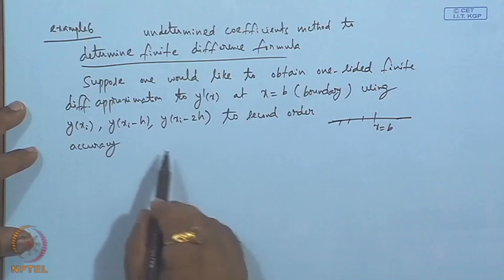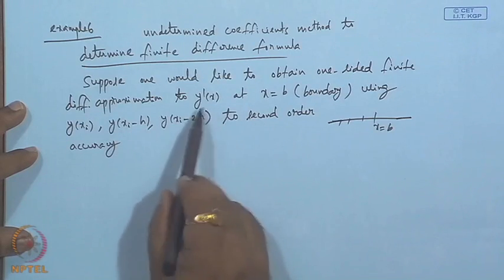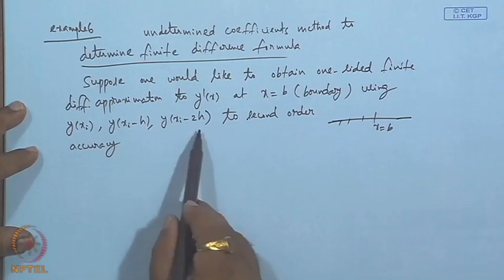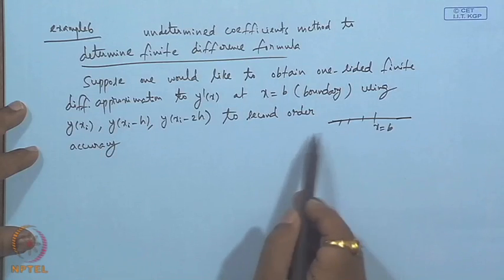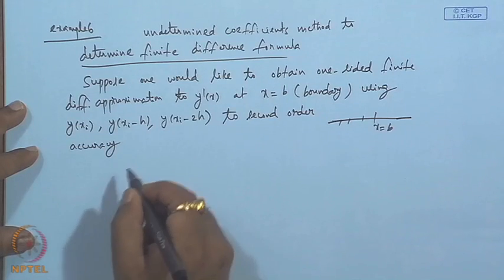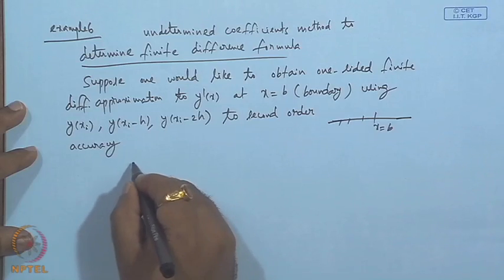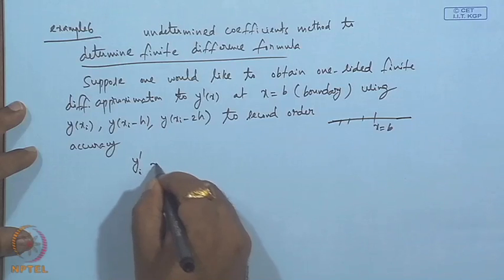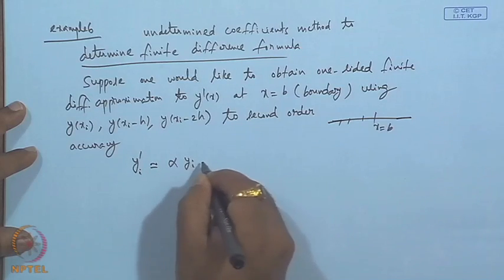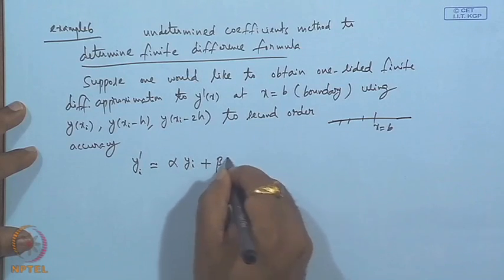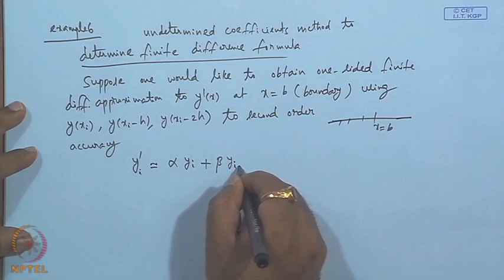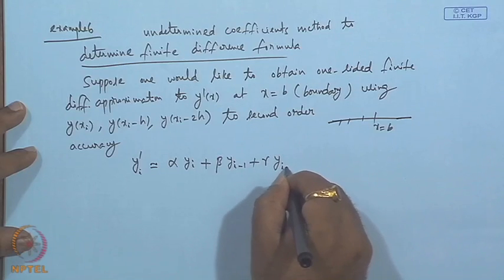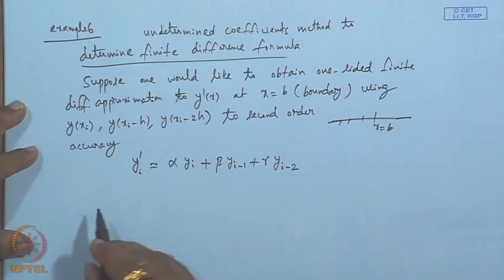Okay. So, what is our aim? To obtain y dash x approximate up to second order in terms of one sided, all terms to the left side. Okay. So, that means y I prime is alpha y I plus beta y I minus 1 plus gamma y I minus 2. It must be of this form.